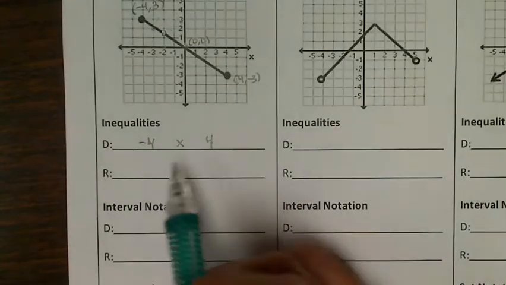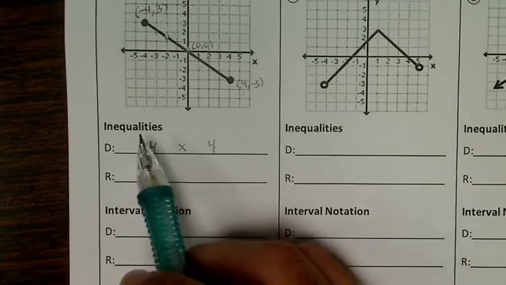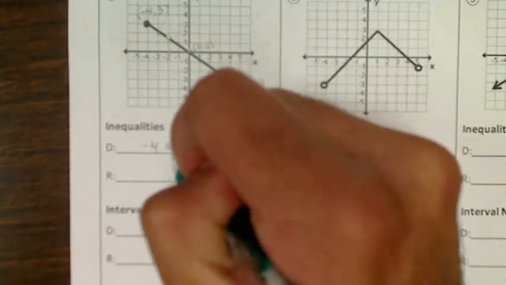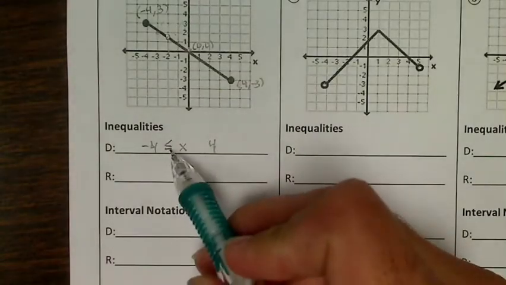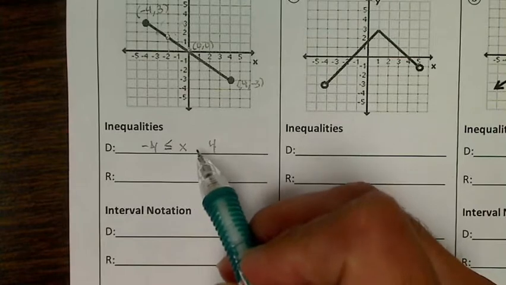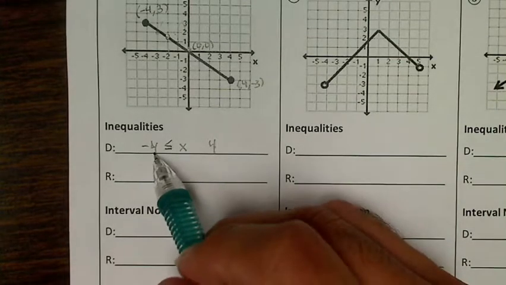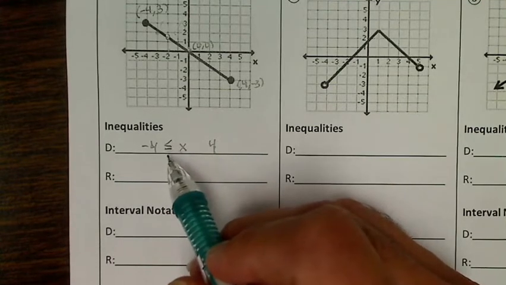Okay, so x is between -4 and 4. Now we just have to put in the inequality symbols. Well, -4 is the smallest, so that means that x has to be bigger than -4. Now I know we use the less than symbol because x is on the right of that number. So this reads -4 is less than or equal to x, which is the same thing as x is greater than or equal to -4.